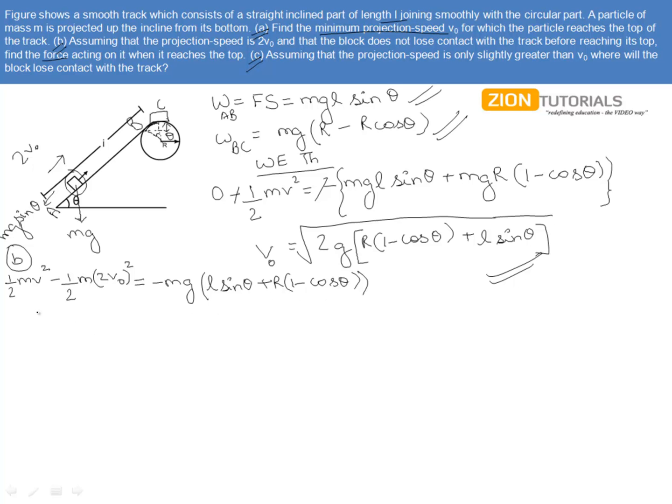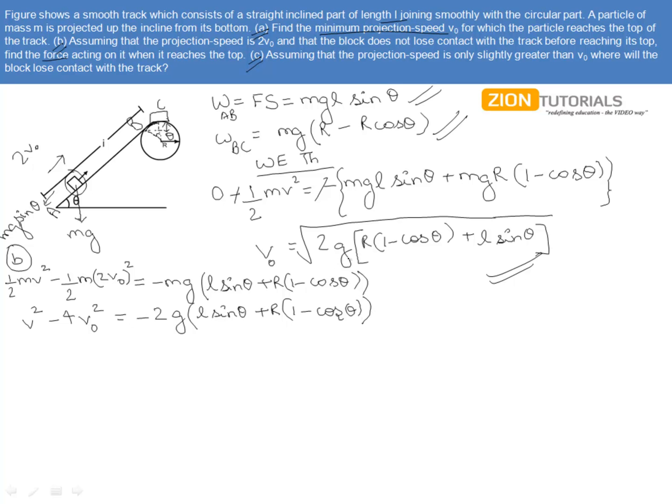Now putting the values over here, we get v squared minus 4v naught squared equal to minus 2g into L sine theta plus r into 1 minus cos theta.